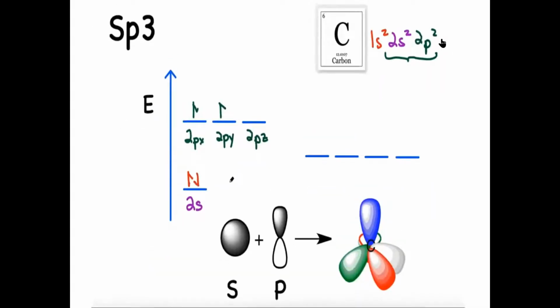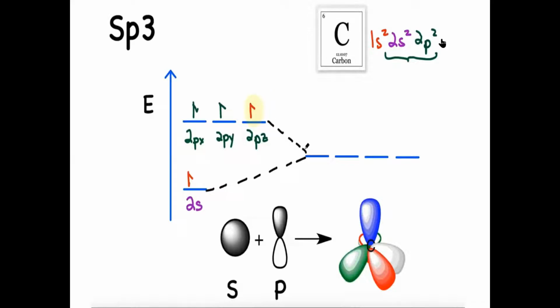In order for carbon to participate in sp3 hybridization, it first has to promote 1 electron from its 2s into its 2p orbital. So we take 1 electron away and promote it into the 2p orbital. Now the 2s orbital will fuse or hybridize with all 2p orbitals.